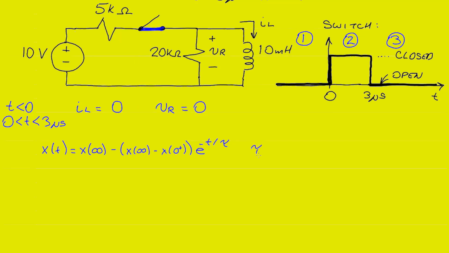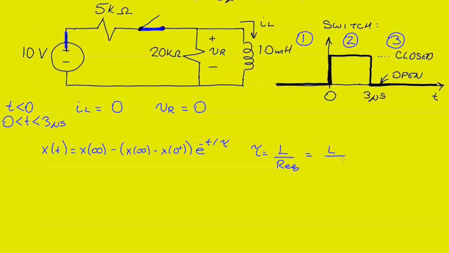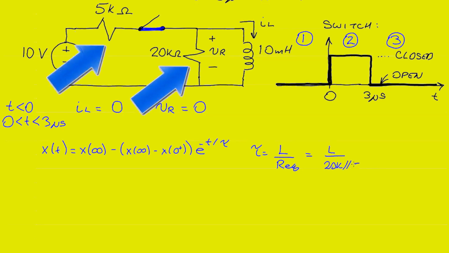We can see that tau, for an inductive circuit, will be L over R equivalent, where R equivalent is the equivalent resistance seen by the inductor. When we find the equivalent resistance, remember we set our independent sources to 0, so our 10-volt source will be shorted out. Consequently, the equivalent resistance will be 20 kilo ohms in parallel with 5 kilo ohms.